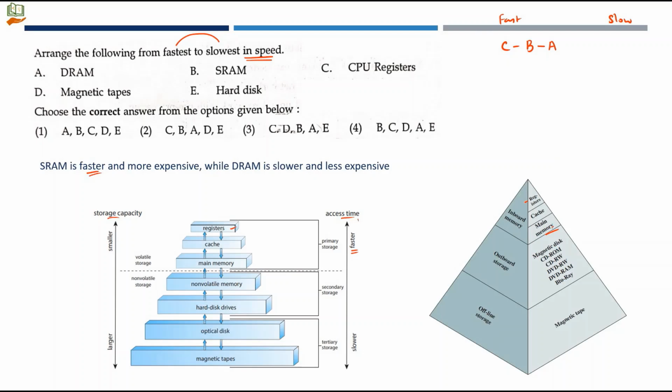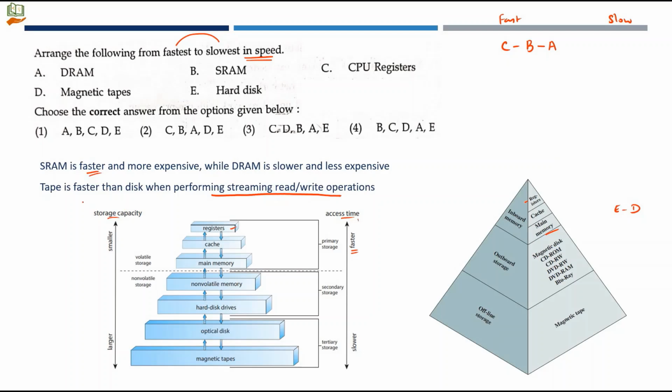Magnetic tapes and hard disk belong to secondary storage devices. Now regarding D and E, if you take as per this diagram order, E should come first and then followed by D. This should be the actual order, but in no option you can find that. Tape is faster than disk when performing streaming read-write operations.